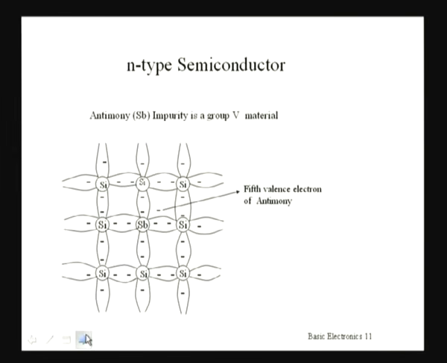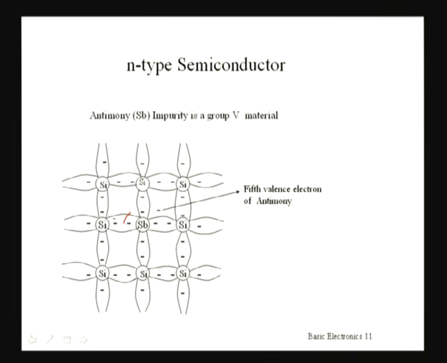As an N-type semiconductor means we have to add a pentavalent impurity material, let us take the example of adding antimony, which is a pentavalent impurity, a group 5 material having 5 electrons in the outermost orbit, to a silicon semiconductor. Now, this silicon atom has 4 electrons in the outermost orbit.